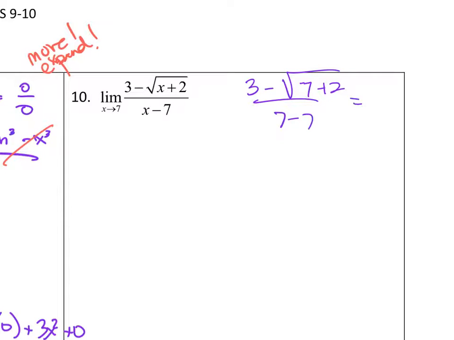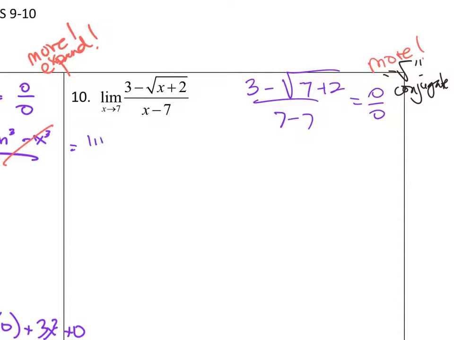And if we do that, we get 0 over 0, which means there's more we need to look at. So again, if you can recall, when we have a radical, we are going to need to do the conjugate. So here we go.